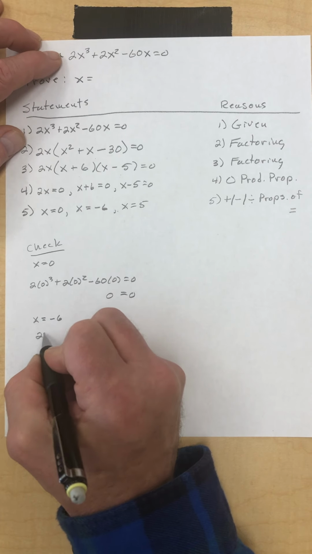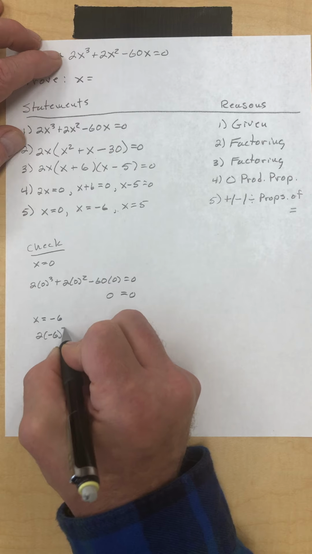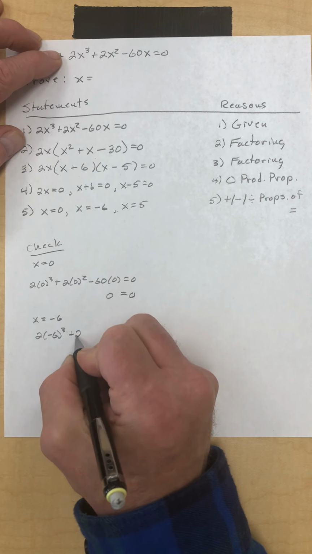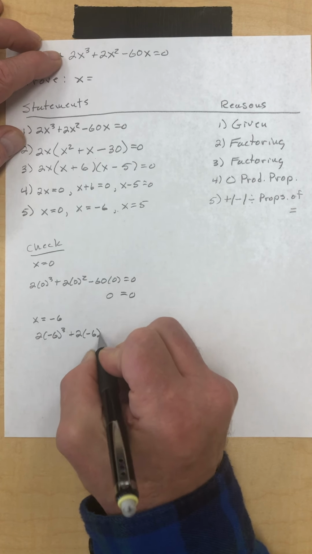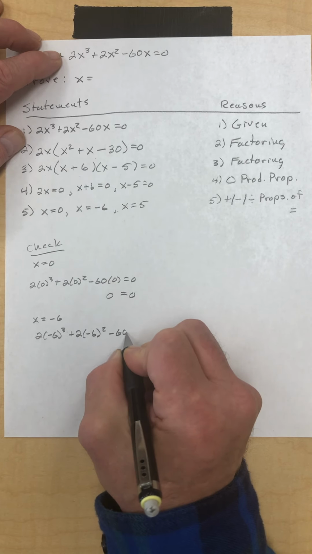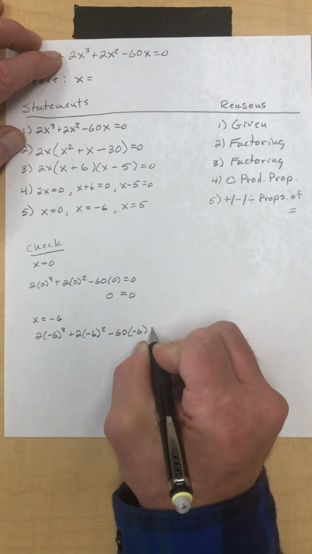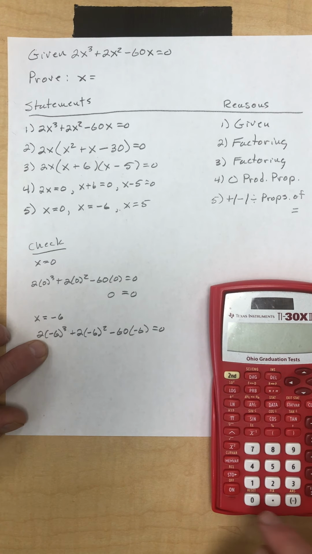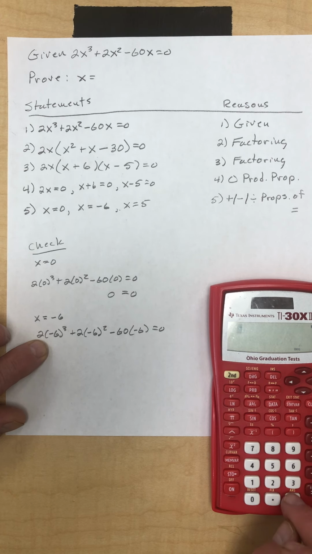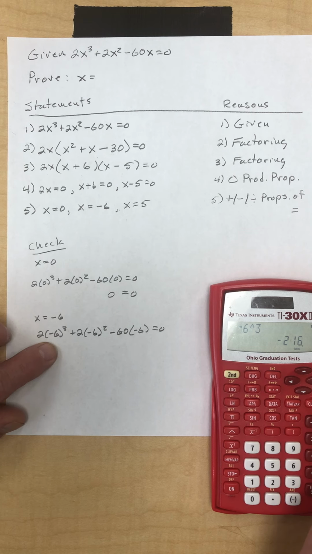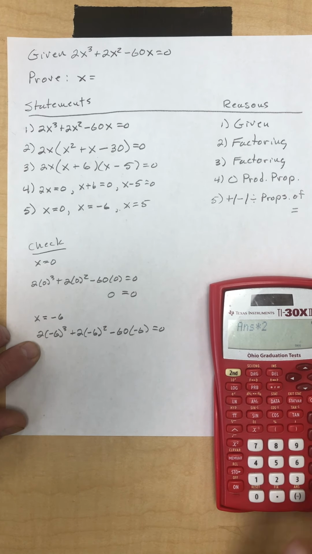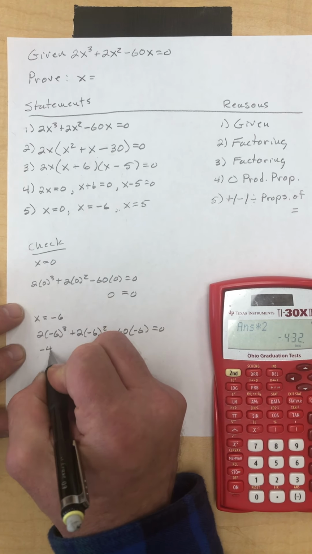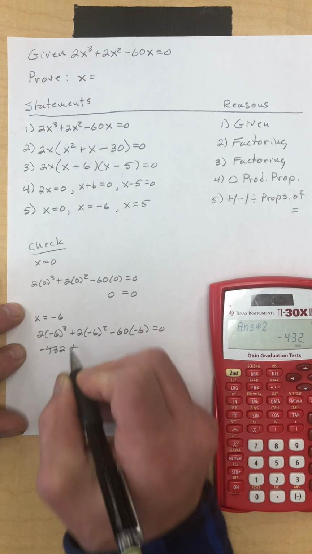We check our x equals -6. So I'd have 2 times -6 cubed plus 2 times -6 squared minus 60 times -6, and see if that gives us 0. If I remember right, -6 cubed is -216. So let me check that. -6 cubed, yes, so I have -216 times 2, which gives me -432.